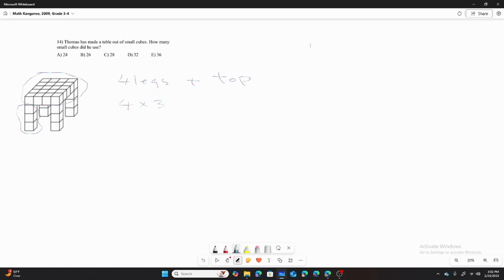So the top is not a perfect square, I think. One side is 4 squares, and the other side is 1, 2, 3, 4, 5. 5 squares.